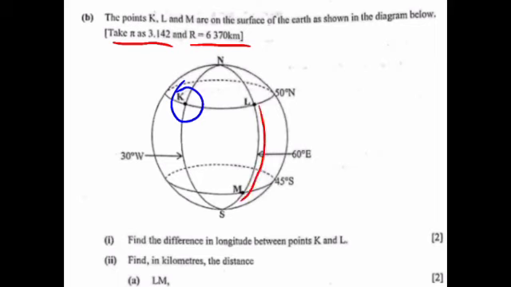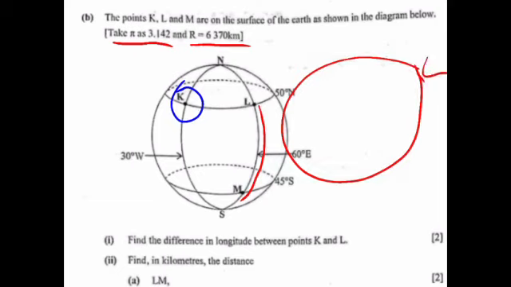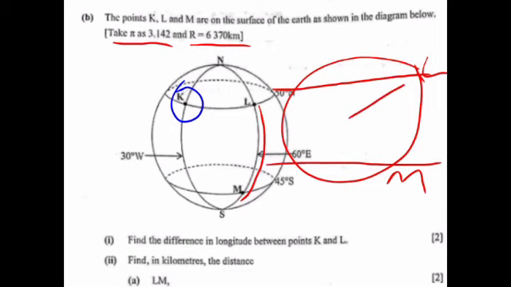If I was to construct a rough sketch, we'll have something like this, and then we'll have our point L and our point M. So we need to understand the latitudes they are lying on, so that we are able to get the angular difference before we start our calculations.